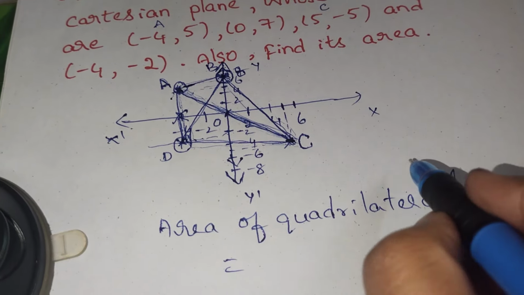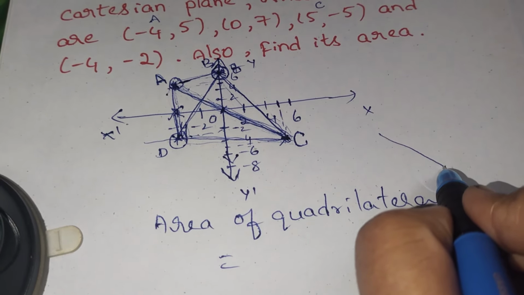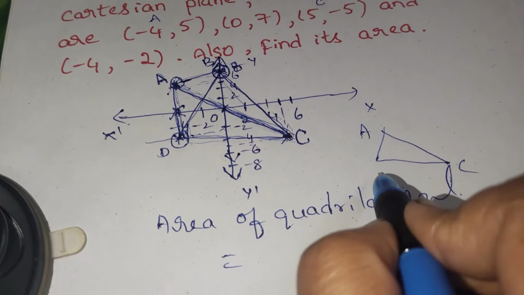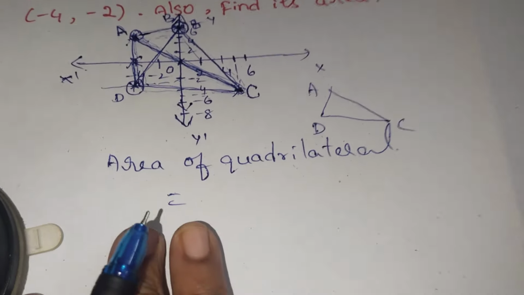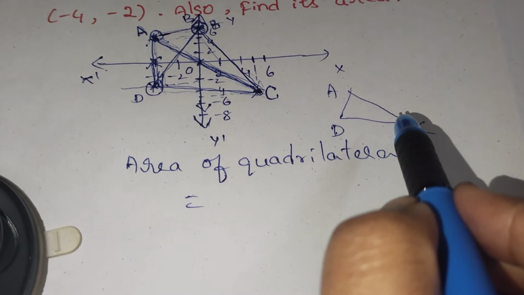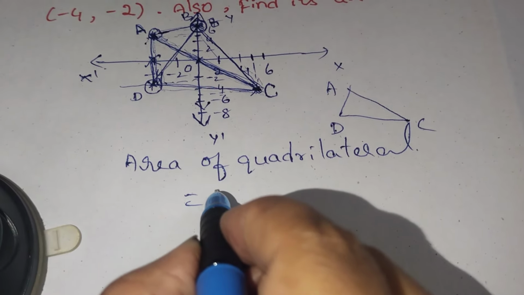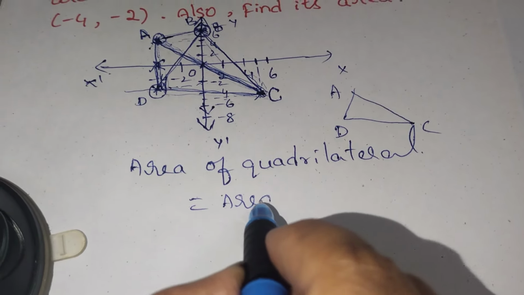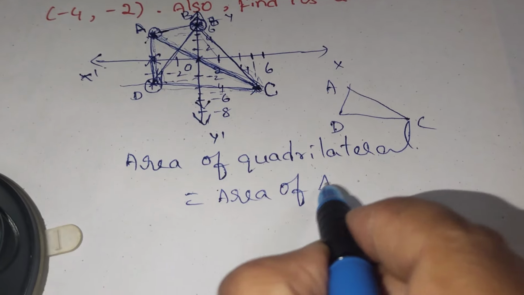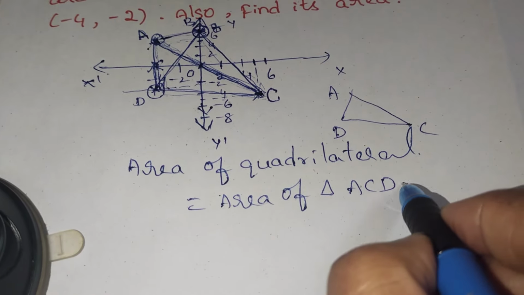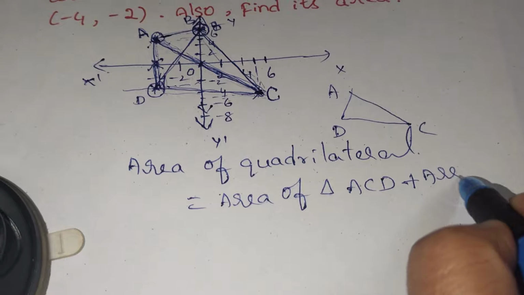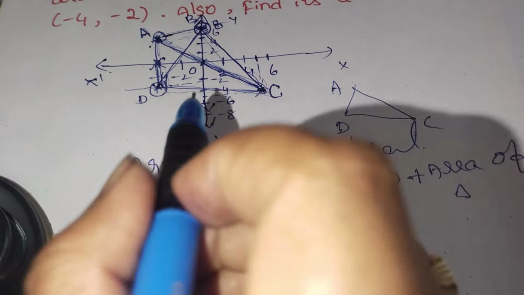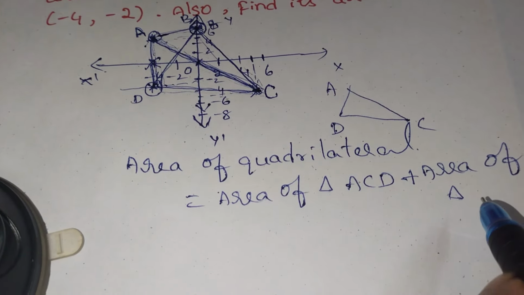So we find the ACD area first. When we know 3 points, so first we add these two. What is that? Area of triangle ACD plus area of triangle. What is the other triangle? ABC.